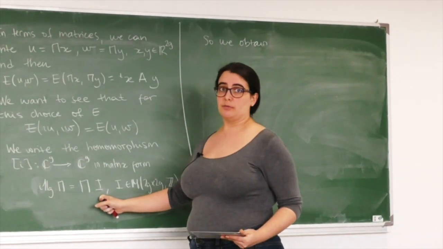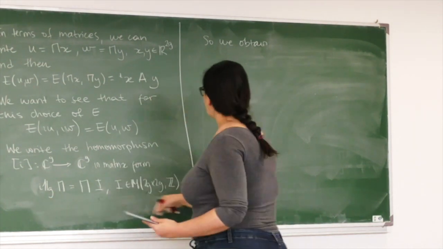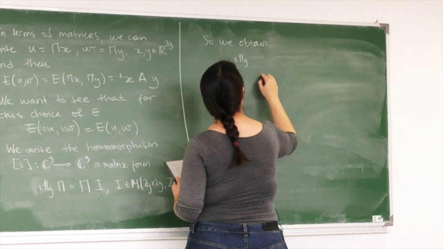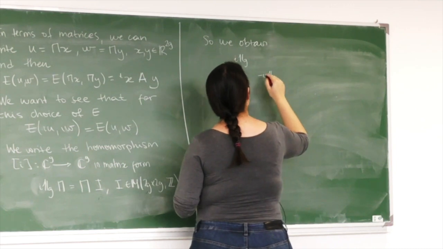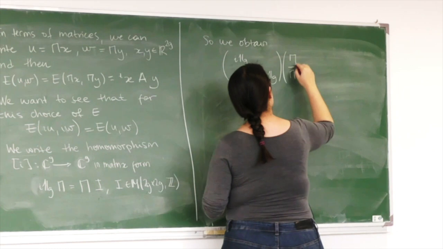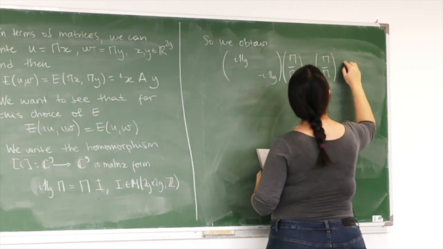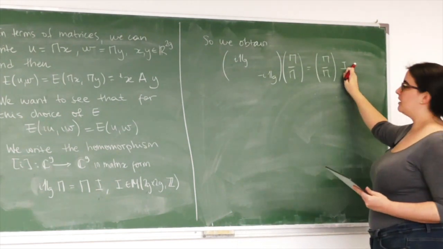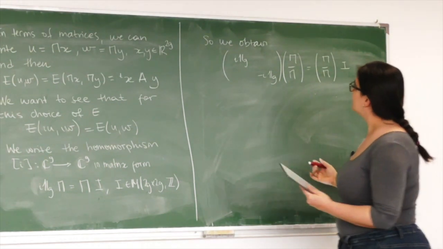This doesn't change by complex conjugation. And everything else does. So we can write that the complex conjugate of i times the identity is minus i times the identity. Here we have pi conjugate times I equals minus i pi conjugate, and I again doesn't change because its entries are integers, so complex conjugation doesn't change them.